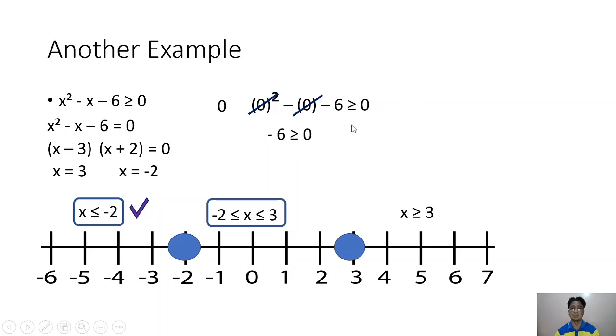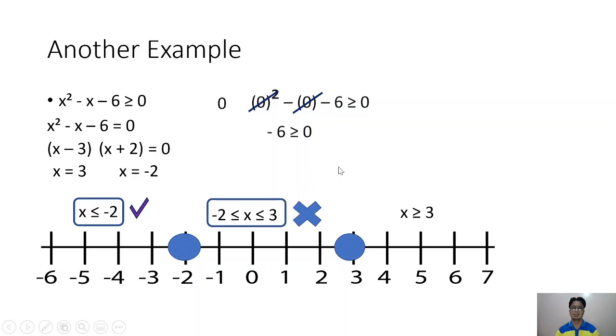Ang natira, negative 6. Tanong ulit. Negative 6 greater than or equal to 0? Mas malaki ba siya? O kaya equal sa 0? Mas maliit kasi negative. Which means, false. Nilagyan ko ng cross dito. I cross it out para at least hindi na dyan ang attention natin.